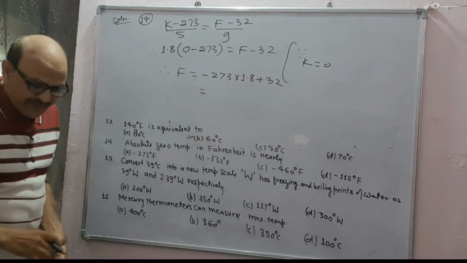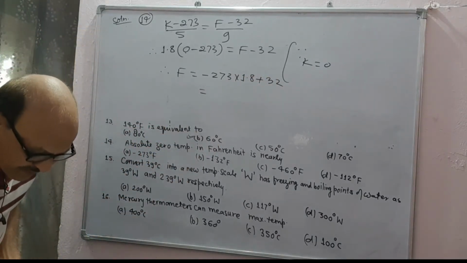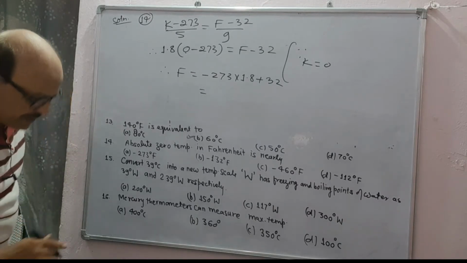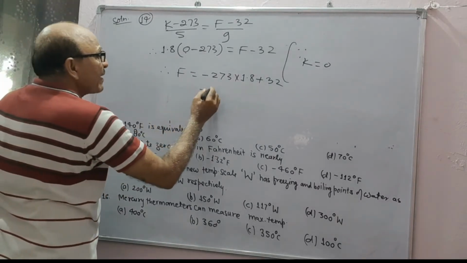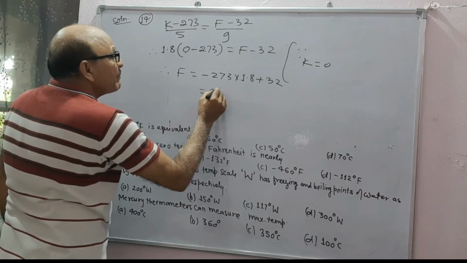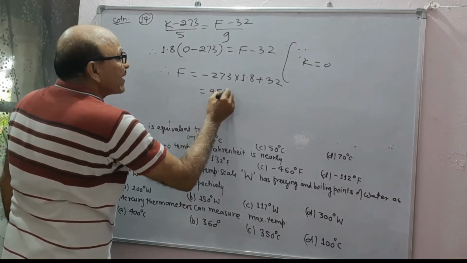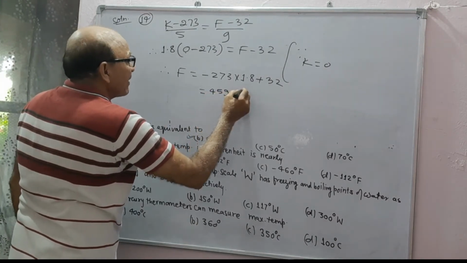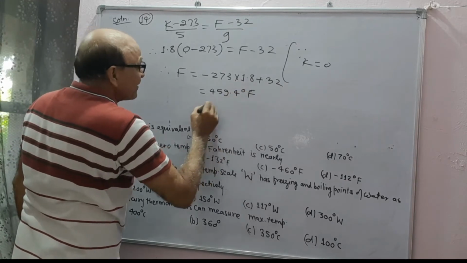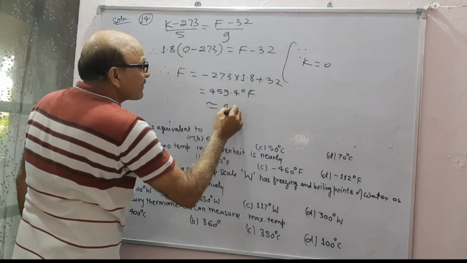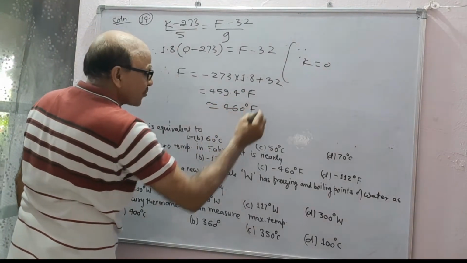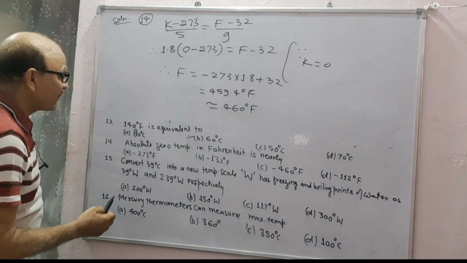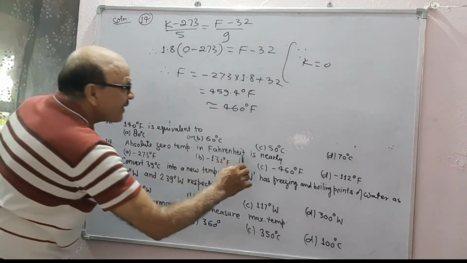On simplification, this gives 459.4 degree Fahrenheit, which is nearly 460 Fahrenheit. So the correct option will be C.